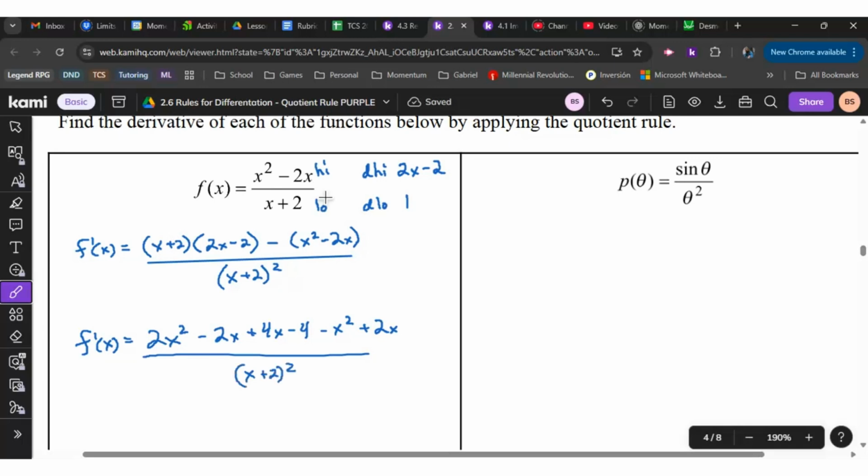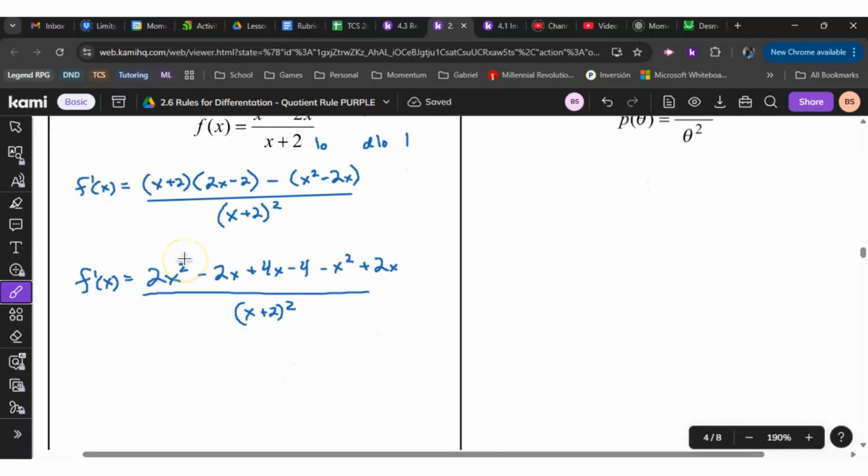Now, I can put a bunch of stuff together there. What's 2x squared minus x squared? What's 2 of something minus 1 of something, guys? Nope, 1. Just 1. It doesn't fully disappear. It's just 1x squared, right? 2 of them, and then minus 1 of them, there's still 1 left. Now, negative 2x plus 2x, those cancel.